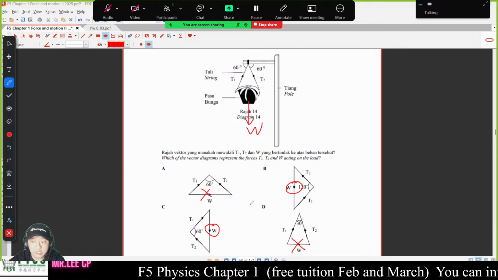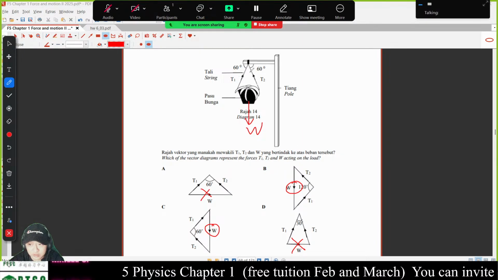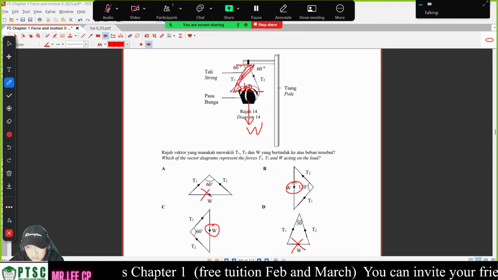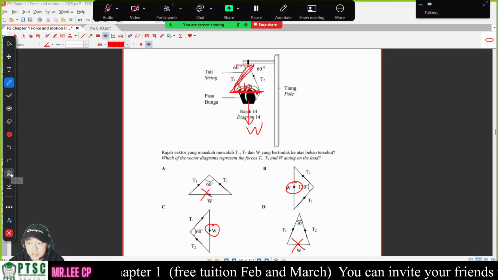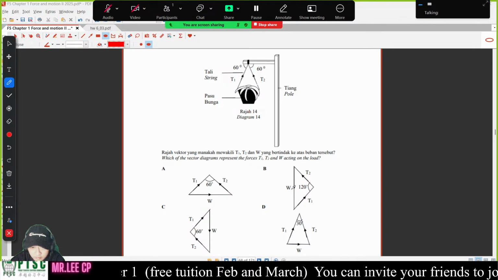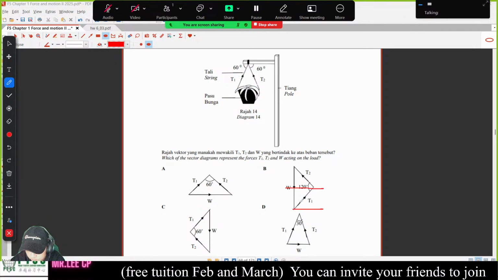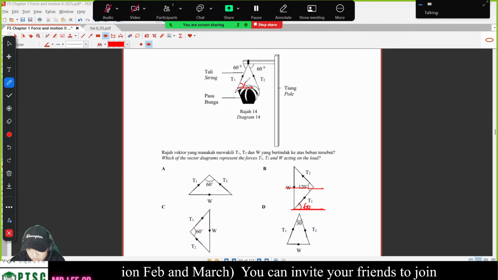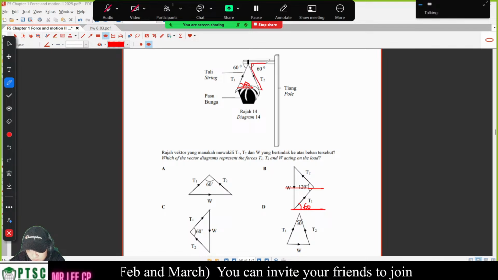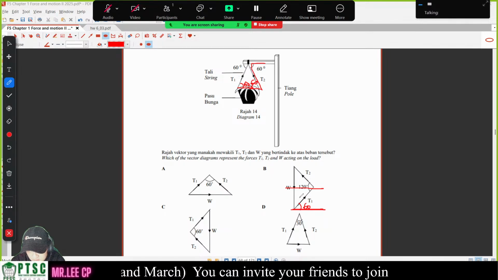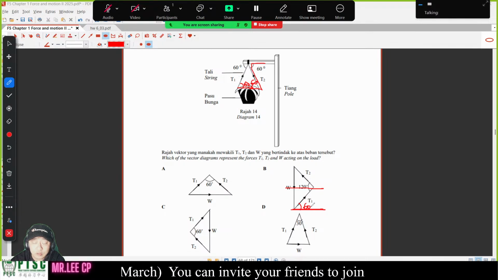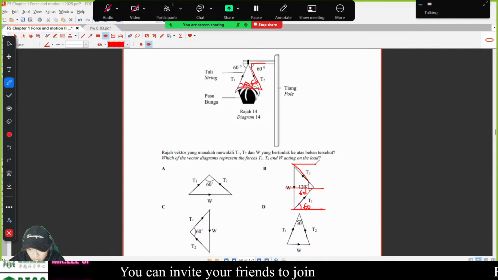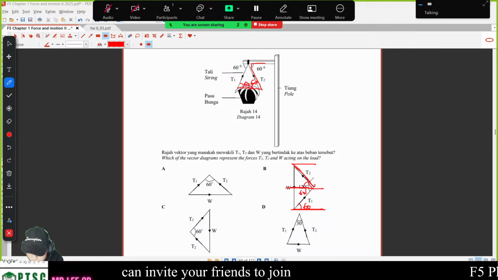We have to find the angle between them. T1 to the horizontal is 60.